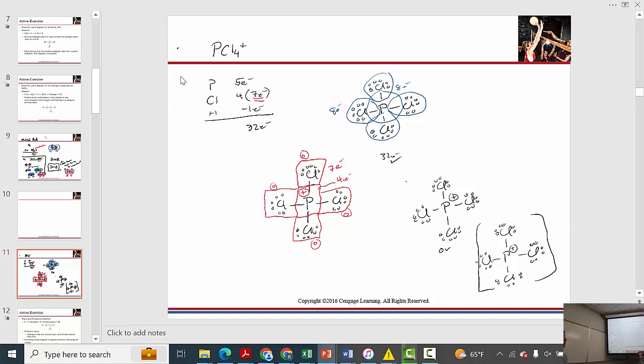And then we sum up all the formal charges, +1, 0, 0, 0, and we get the net charge. The net charge, which is shown outside the bracket, is the sum of the formal charges inside the bracket. We can also do oxidation state if we're interested in the redox chemistry of this.